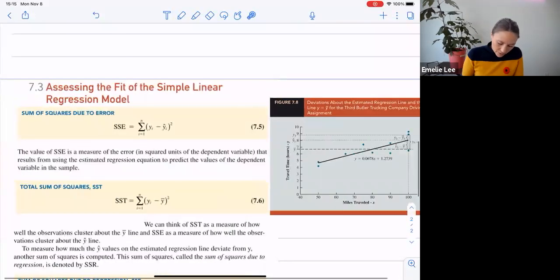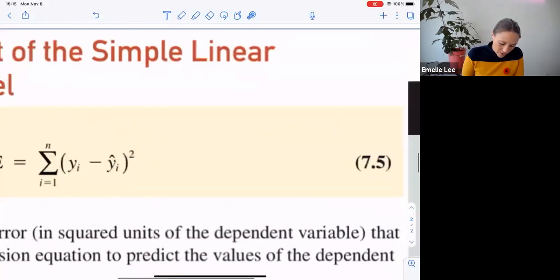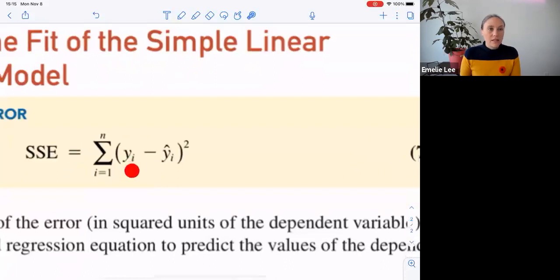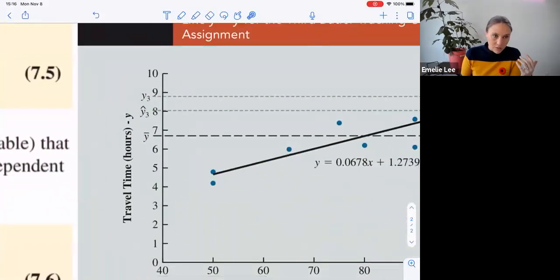The other way that we could talk about it is to look at the sums of squares due to error, which is basically looking at the residuals squared. And so we have your observed value. Each point is, of course, an observed value of y. And then the y hat is the predicted value of y. So it's the distance from any point, maybe this one, off of the line.